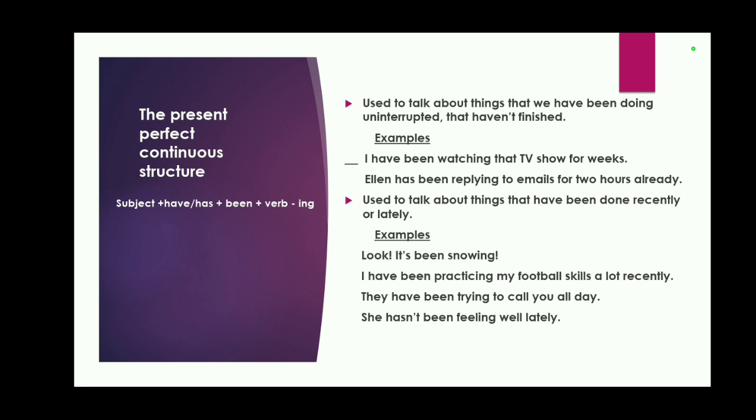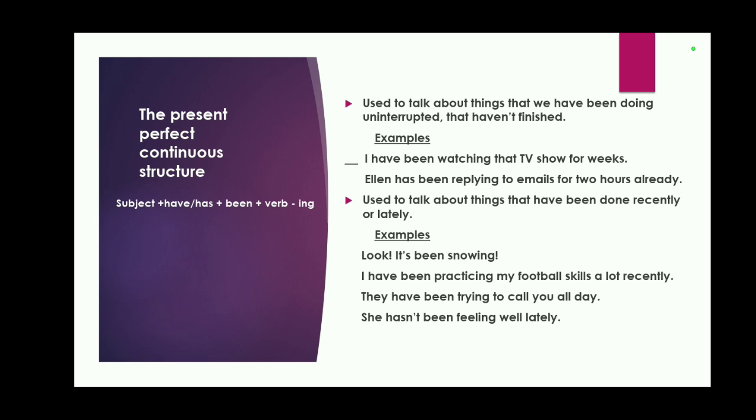I have been eating chocolate. As we discussed before, now with the present perfect continuous, we often use it to talk about things that we have been doing uninterrupted that haven't finished.